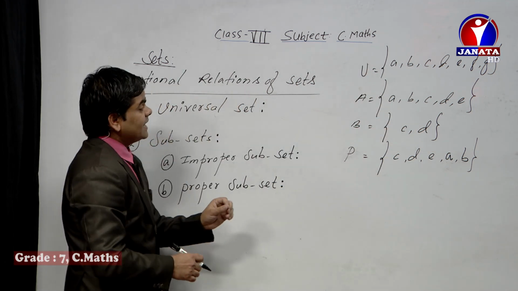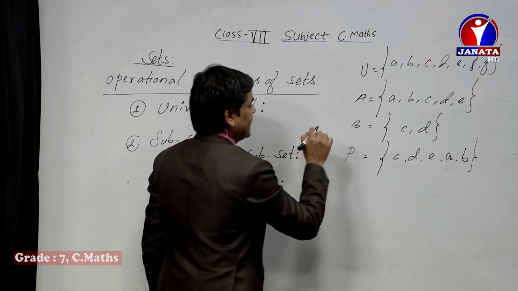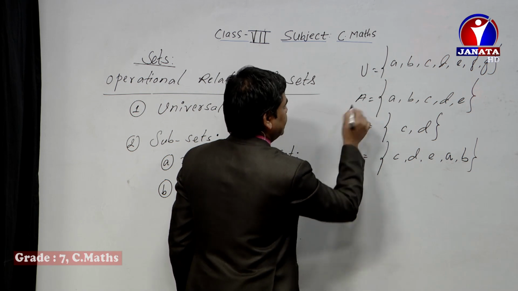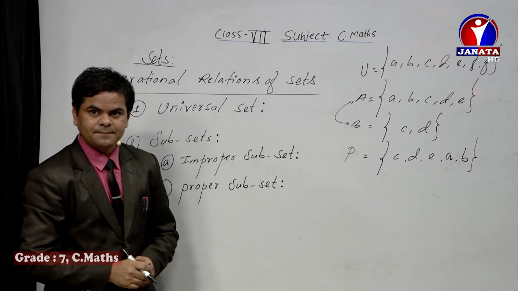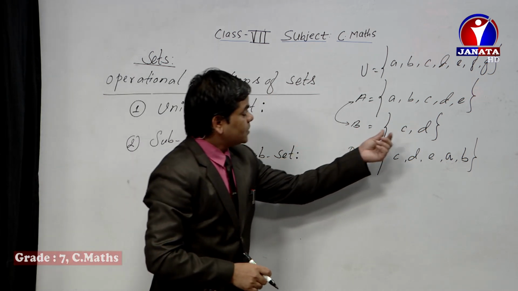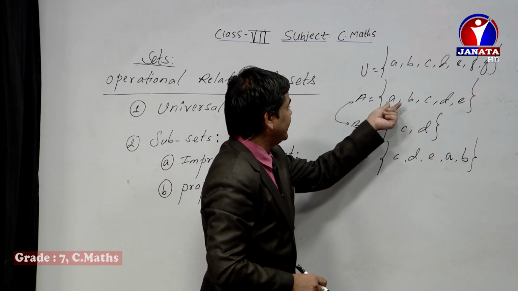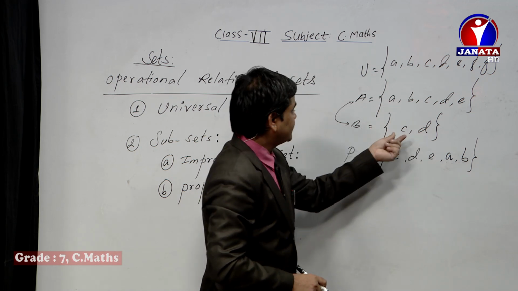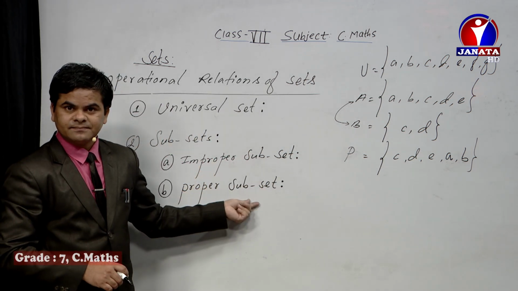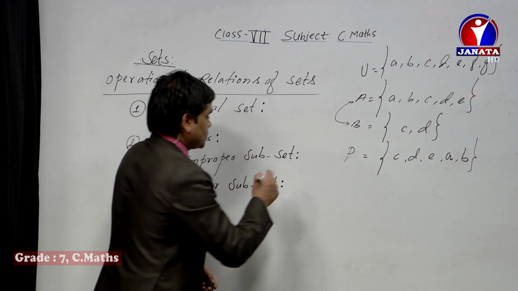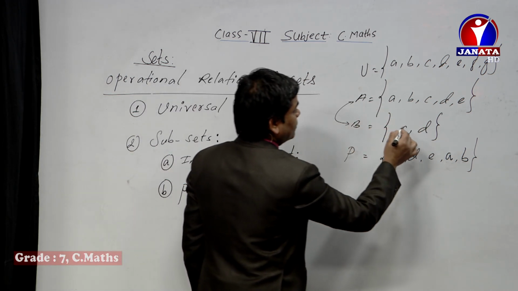But if you want to find the relationship between sets A and B, or A and P, let's see what happens. If you look at the relation of A and B, what do we get? All the elements of set B are included in set A. This type of relation is known as proper subset relation.